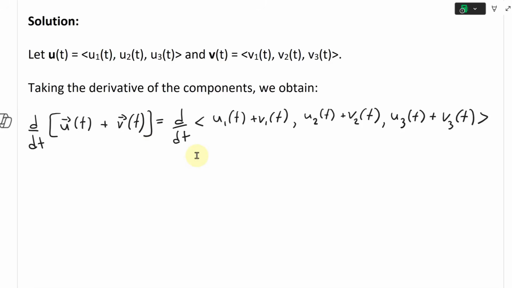So I'm going to put an equal sign here. Now we can just take the derivative of each one, so we'll put this d over dt inside each component.